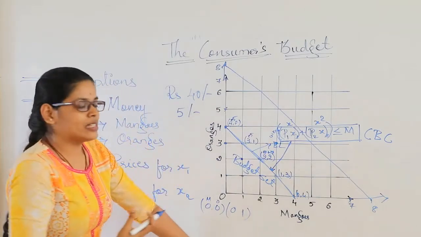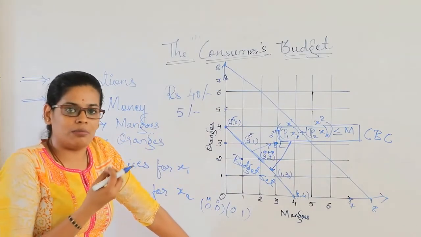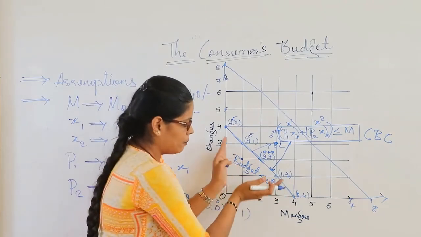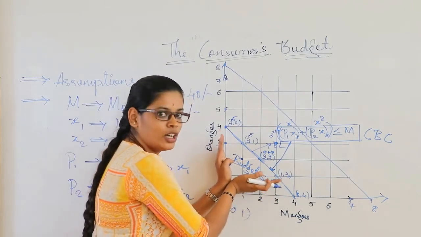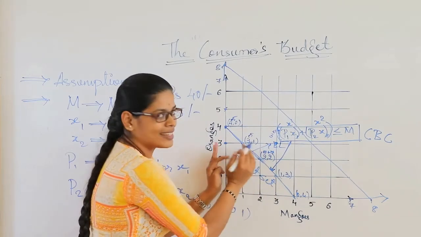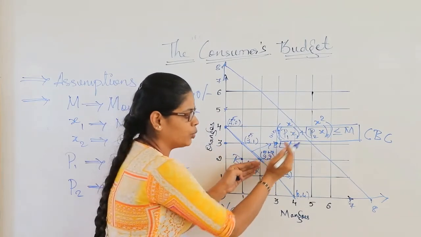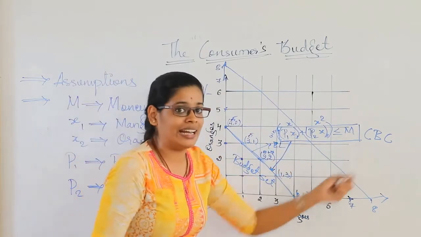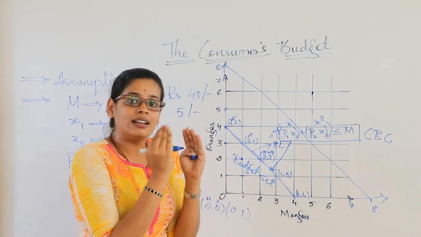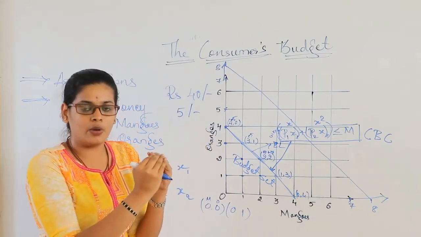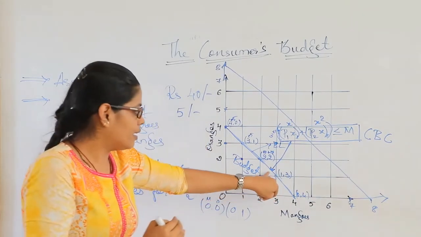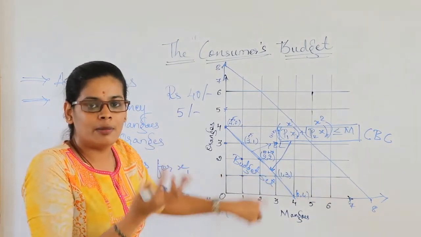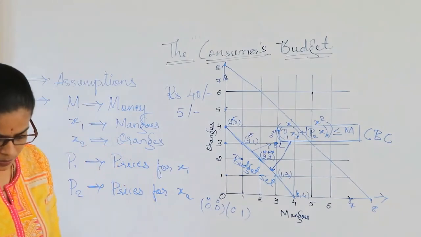We call it that because he has set his budget to buy within or on this line. He is not meant to buy any goods and services beyond this area. That's the constraint, the line where he stops his combination of goods and services.